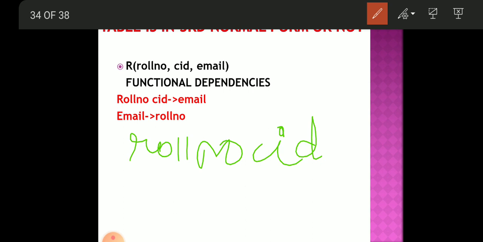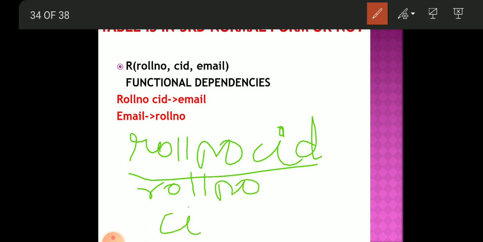Otherwise we could also take roll number, CID and email, which is also a super key, but we have to take the minimal one. Now we find the proper subsets of this super key: roll number and CID. Now check the closure of these two subsets.